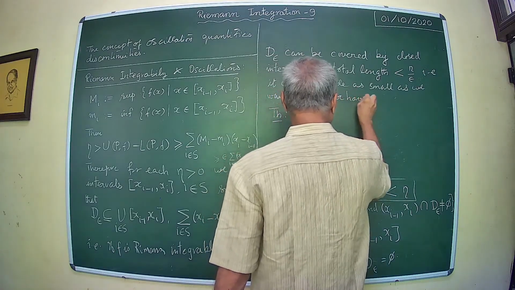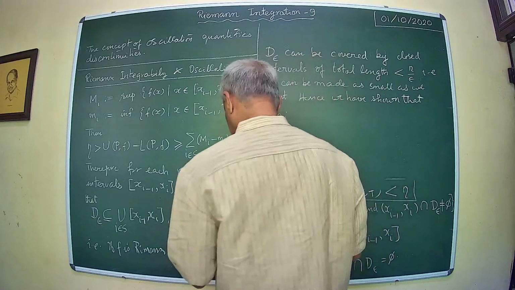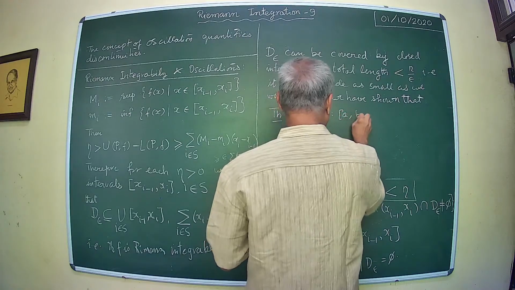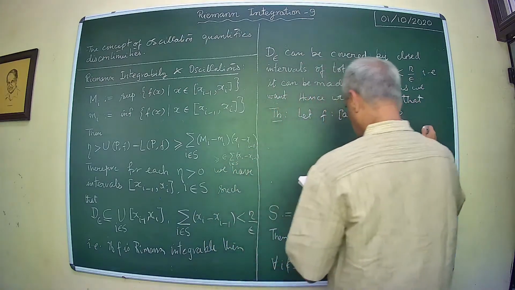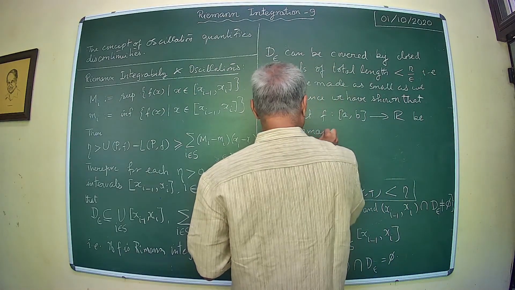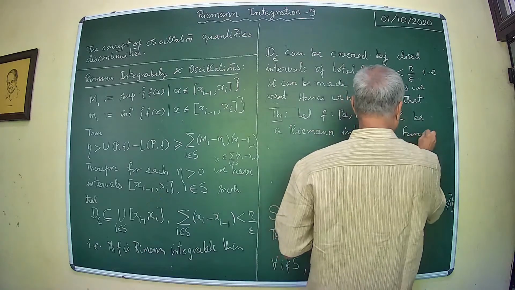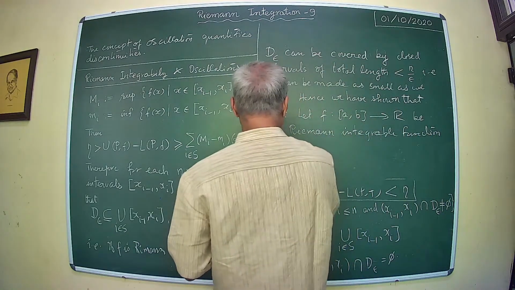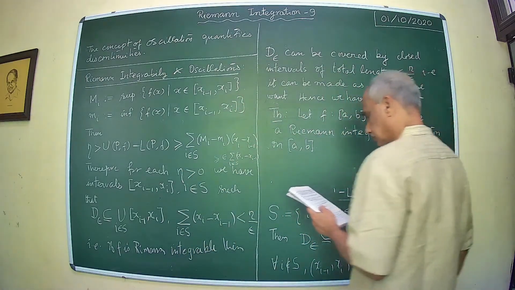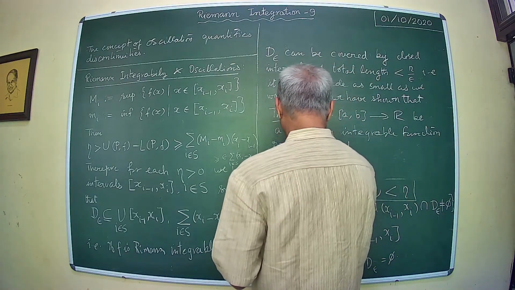We have shown that this is the result. Let f be Riemann integrable on [a, b], and D epsilon is the set of all x where the oscillation is at least epsilon.